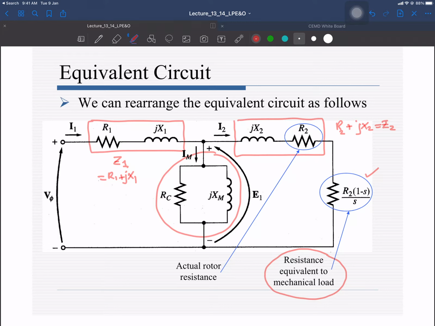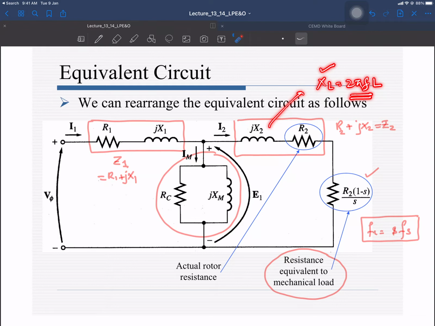In the last lecture, we discussed that the frequency of the rotor is not fixed. The frequency of the rotor is slip times the stator frequency, and because of that, the induced EMF in the rotor circuit keeps on changing. Similarly, the reactance is a function of the frequency: XL is equal to 2 pi f into L. So if the frequency changes, the reactance will change, and the induced EMF in the rotor circuit will change with the change of speed.